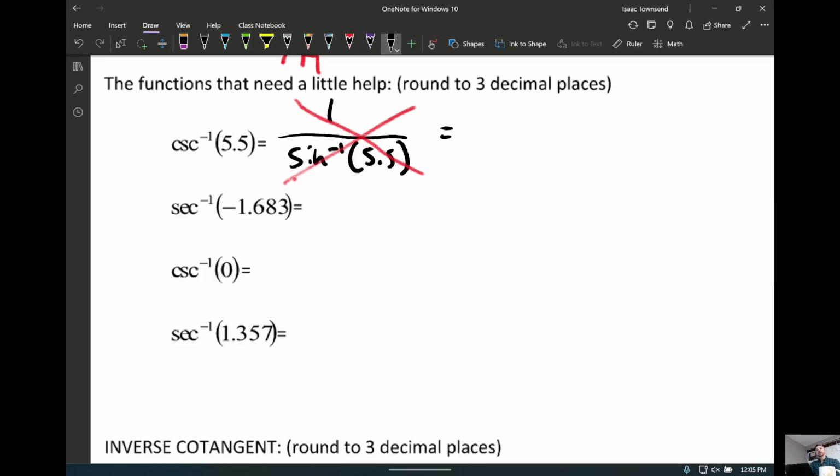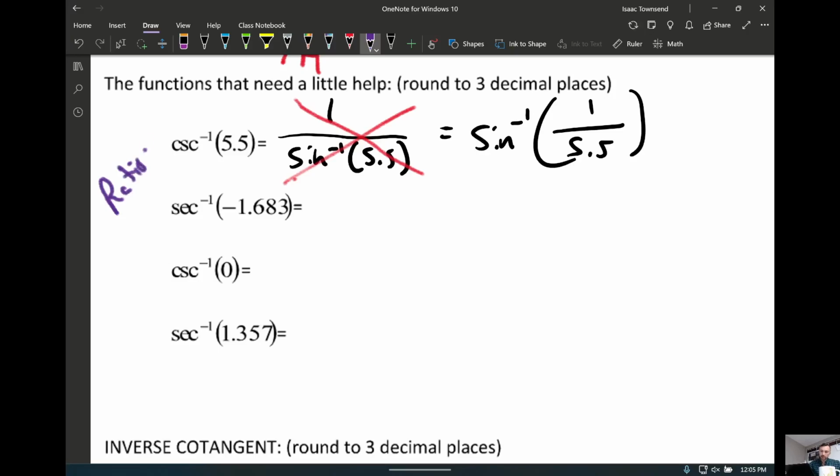Because you have to remember that inverse functions give you an angle. And if I do 1 over an angle, it's the reciprocal angle, which I can't think of a single time in mathematics you need the reciprocal angle. What you need is the reciprocal ratio. And the ratio in an inverse question is what's getting plugged into the functions. So this is how you have to type it in.